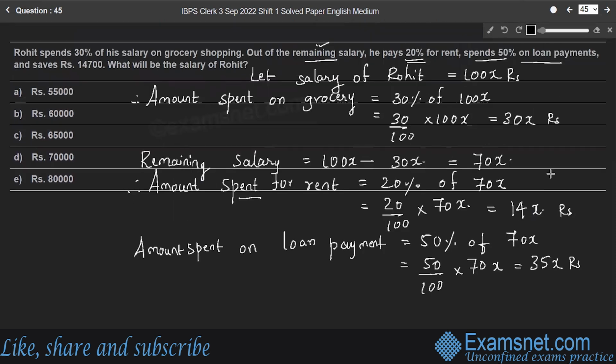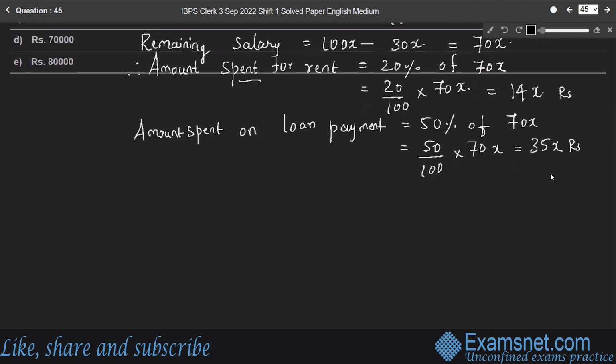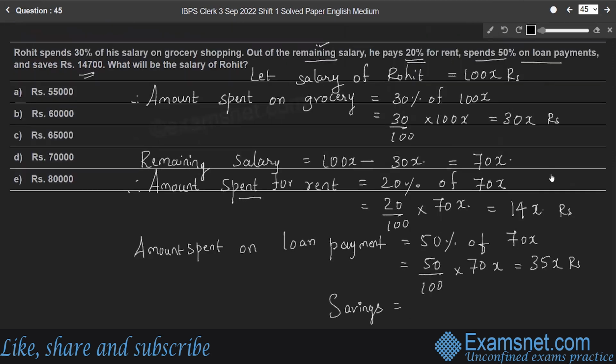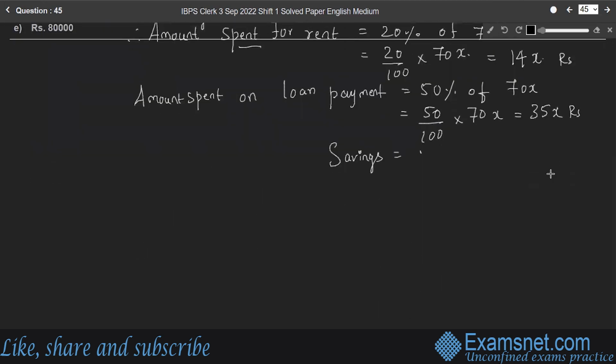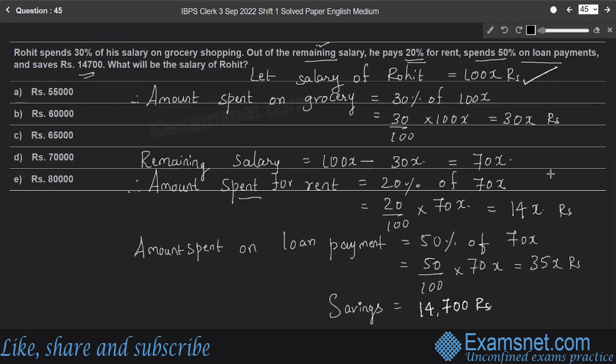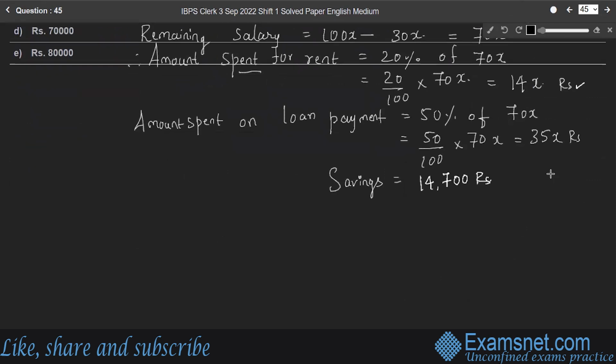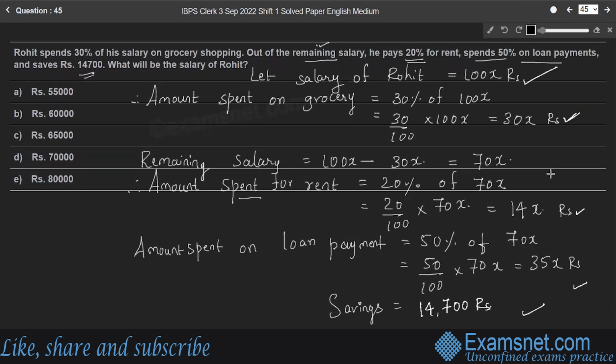And his savings is 14,700 rupees. Therefore, his total salary is the sum of all these values: the grocery amount, the rent amount, the loan payment and the savings. The sum of all these values is equal to his total salary.